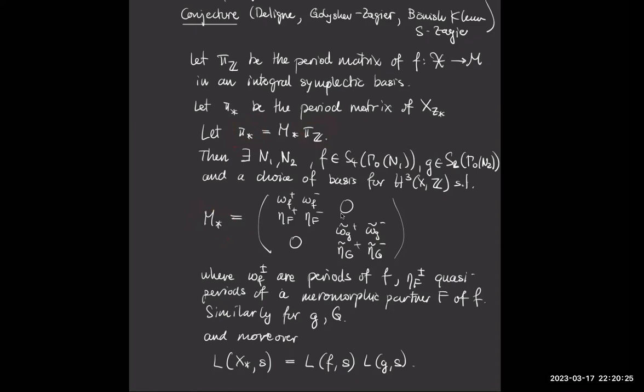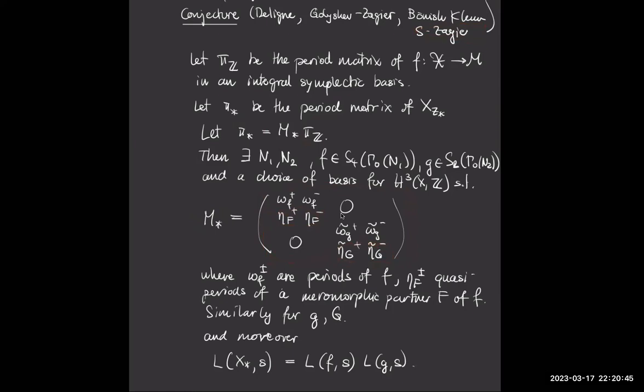So that's easy. And then what's a bit more involved is to determine this matrix. In particular, our contribution to this conjecture is to make these two numbers and these two numbers specific.